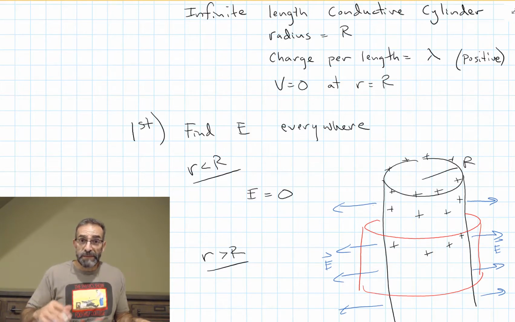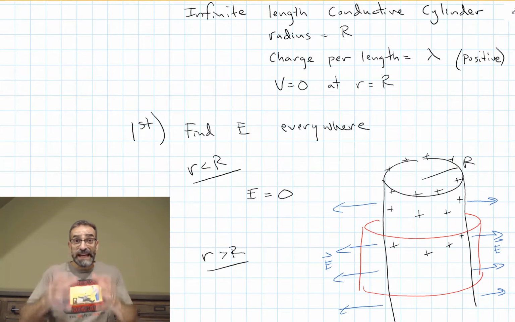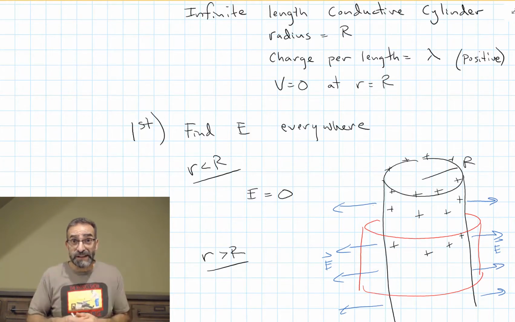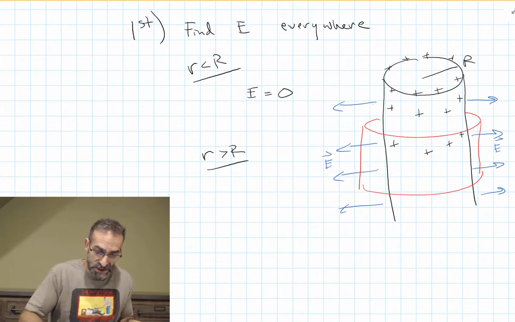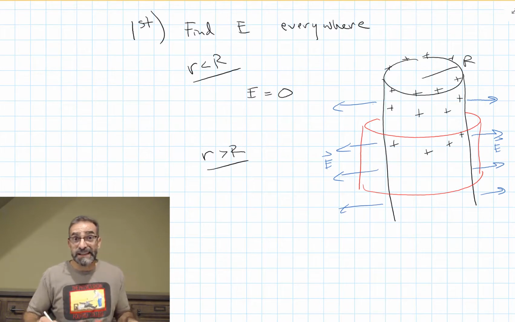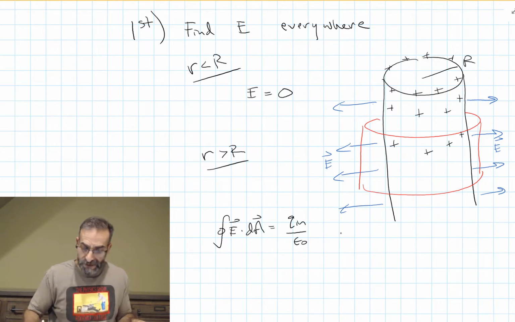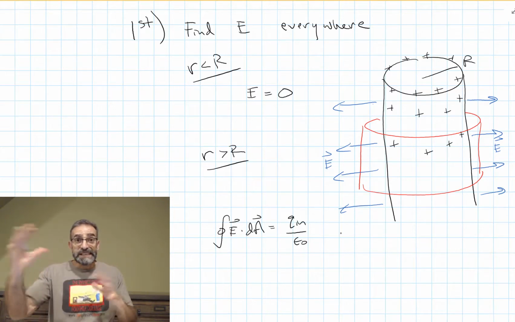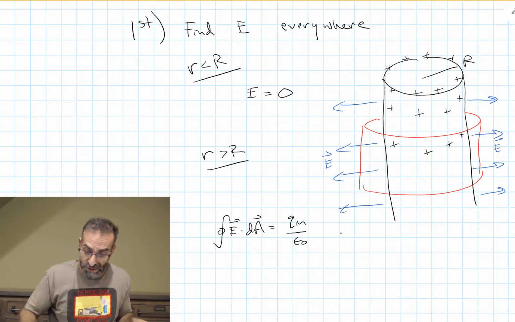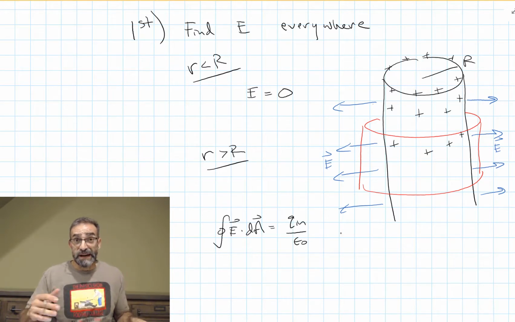I've drawn my red Gaussian surface. It's a cylinder with the axis along the axis of my conductive cylinder that's charged, so it matches the symmetry of the problem. Now I just apply Gauss's law to get the electric field. The integral over my entire Gaussian surface can be broken up into three integrals because my Gaussian surface is a cylinder.